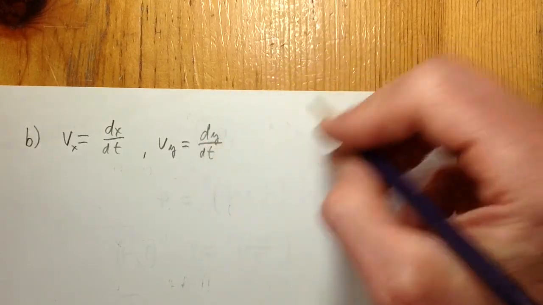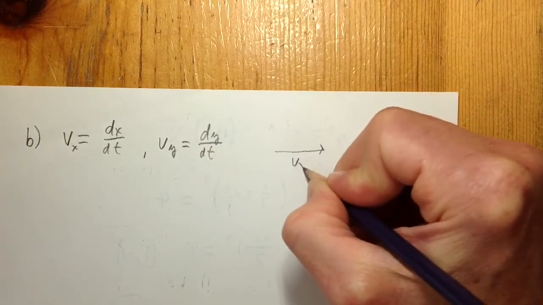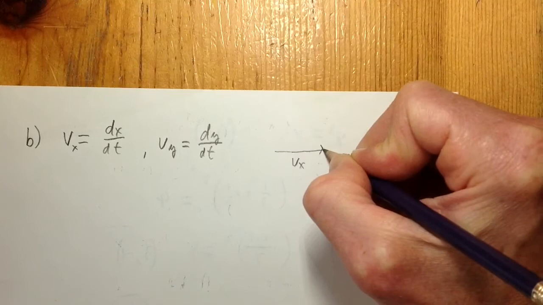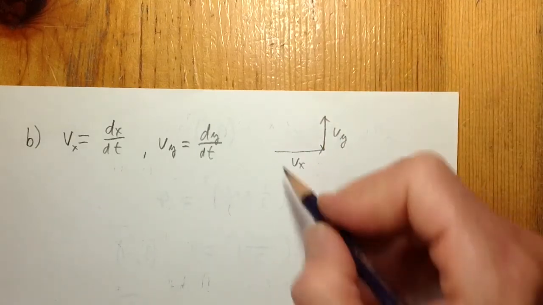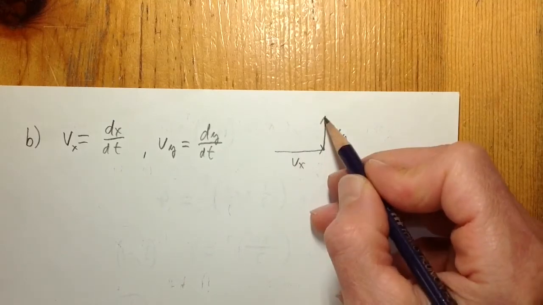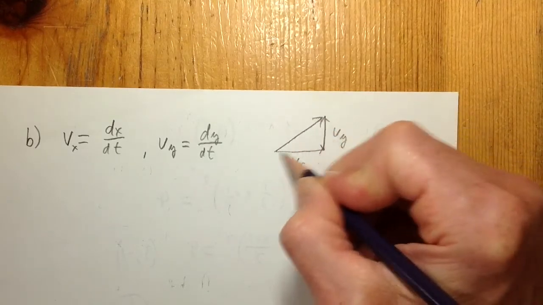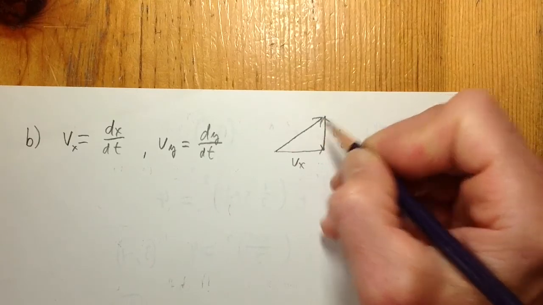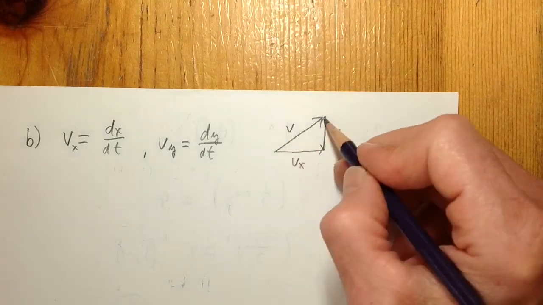So the overall velocity, this is the idea. Vx, let's say it's going this way, how fast it's going in the x direction. Vy, how fast it's going in the y direction. So if our particle is going over and up, what it's actually doing is going like this. So this is v. The total velocity is the hypotenuse.